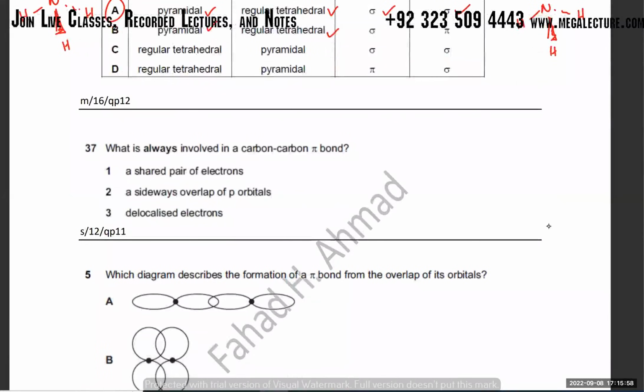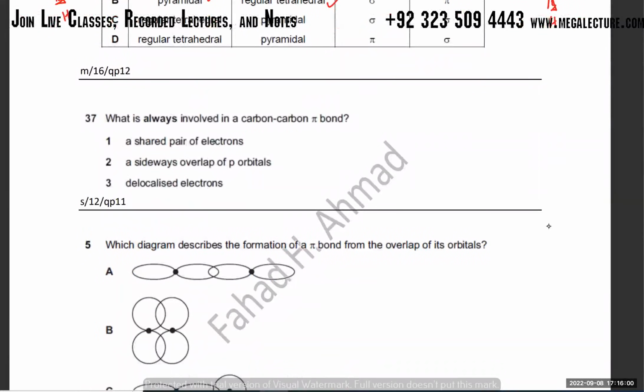So what is involved in a carbon-carbon pi bond? So a carbon-carbon pi bond, it's a shared pair of electrons, obviously. There's a sideways overlap of p orbitals. And will there be delocalized electrons? No, there won't be any delocalized electrons. Carbon, this is how a pi bond would always form.